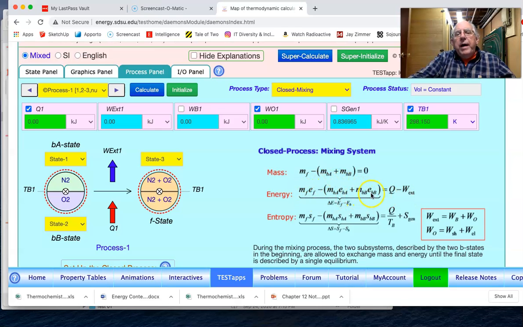What do we know about the internal energy or the flow energy for an ideal gas? The flow energy is just a function of temperature. And so we basically are going from two masses that are at the same temperature to a final mass that's at that same temperature. So with that, that finishes up this particular problem.